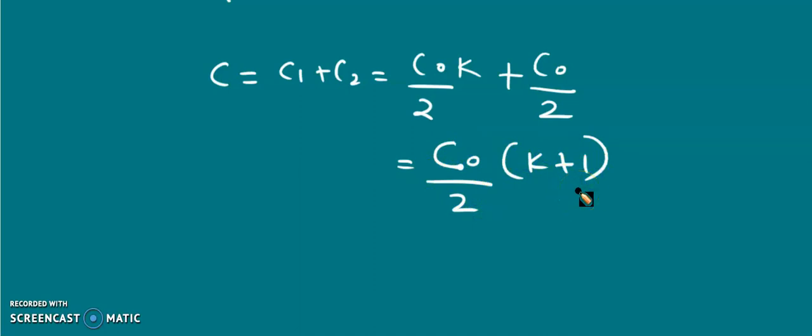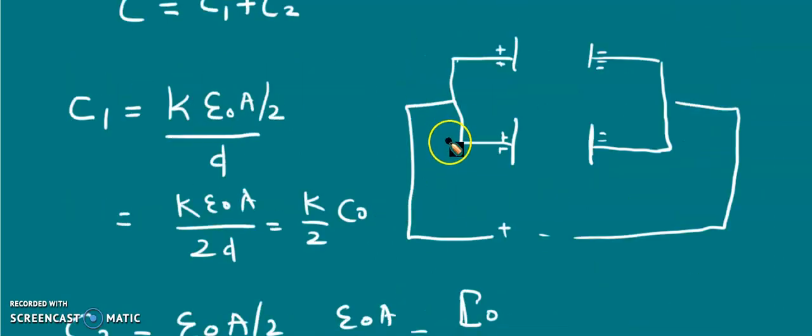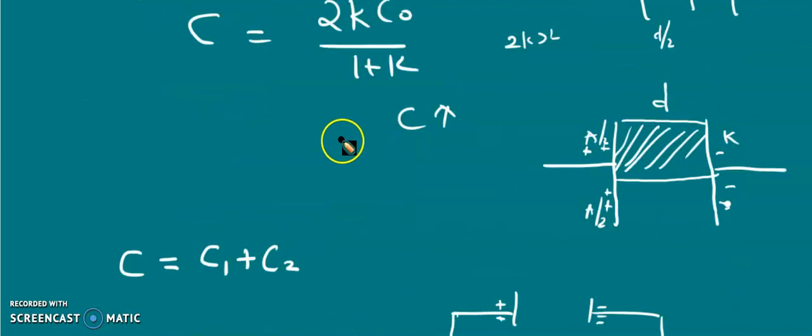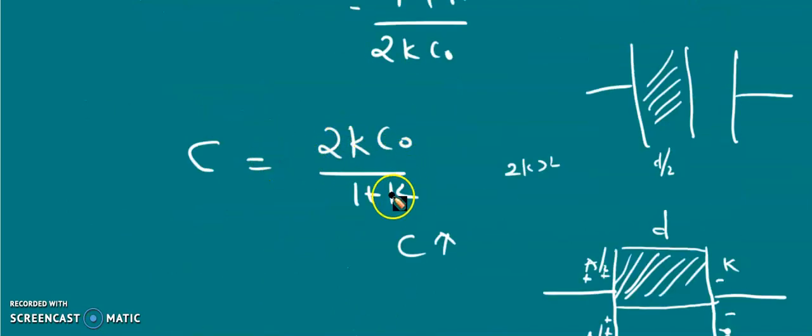So we can see that in both cases the effective capacitance is not the same. They are different. When the region between the capacitor plates is filled with a dielectric material such that the distance between them is divided, the expression for the capacitance is C equal to 2K C0 by 1 plus K. Generally 2K is greater than K plus 1, and therefore 2K by 1 plus K is greater than 1.